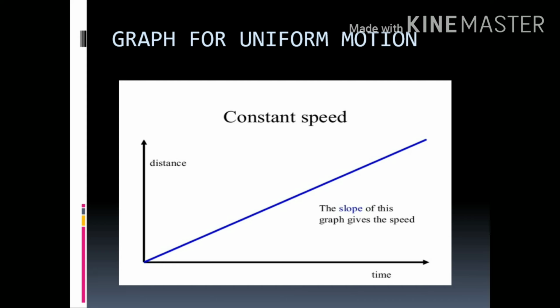The straight line indicates that the speed is constant. So whenever you are asked to draw a distance time graph for uniform motion, you have to take distance towards the y-axis, time towards the x-axis, and draw a straight line passing through the origin. This will be a graph for uniform motion.